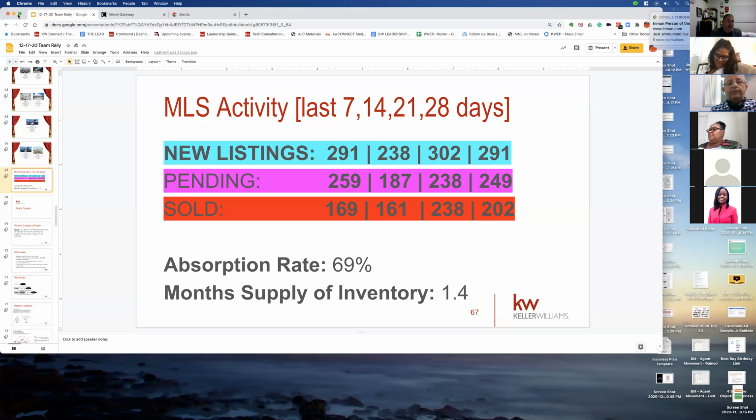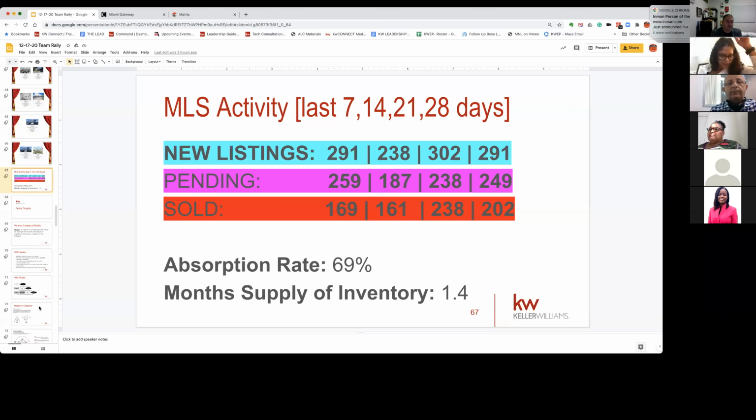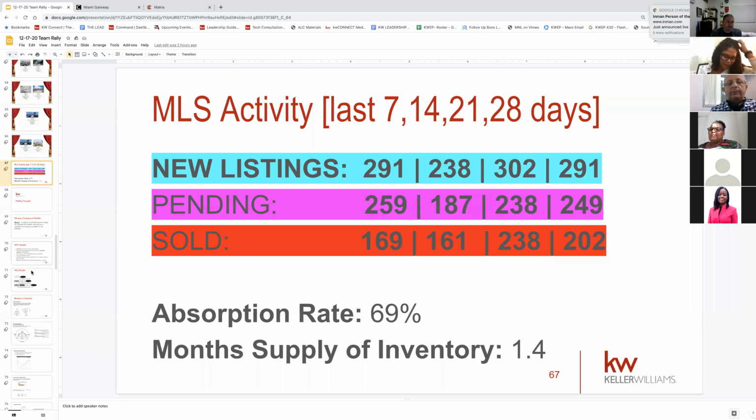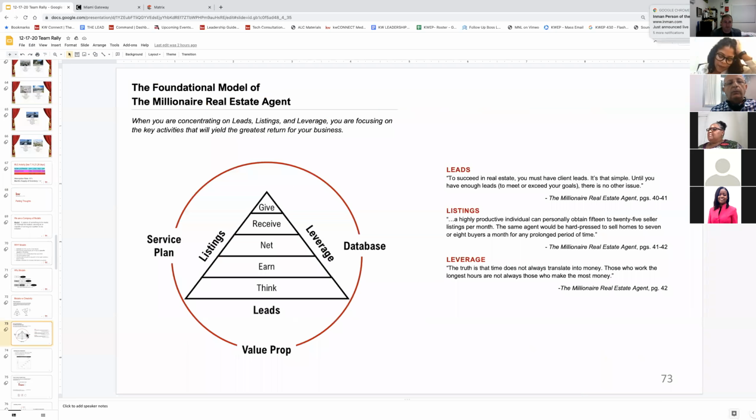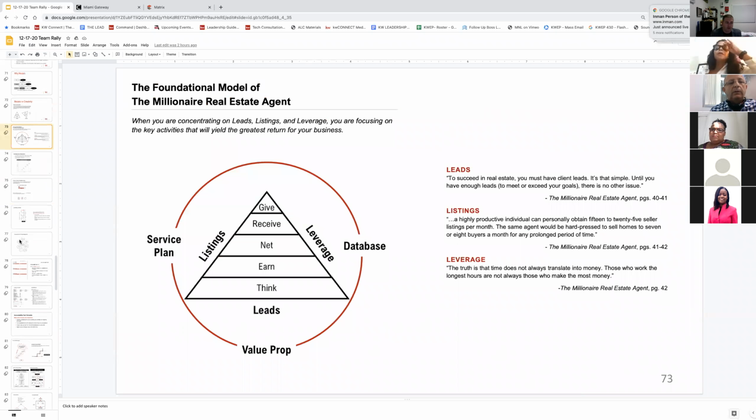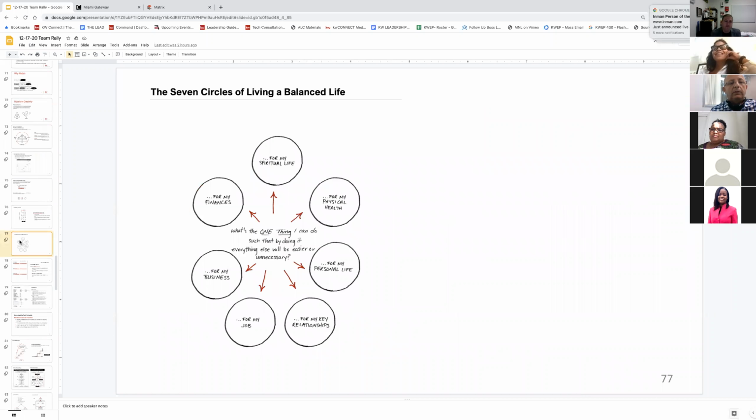All right, so now let's dive into what we talked about in our team meeting today, which are the models. What Kina had asked was the different segments of our life that we should be setting goals for. Our spiritual life, which doesn't mean religion, it means spiritual.